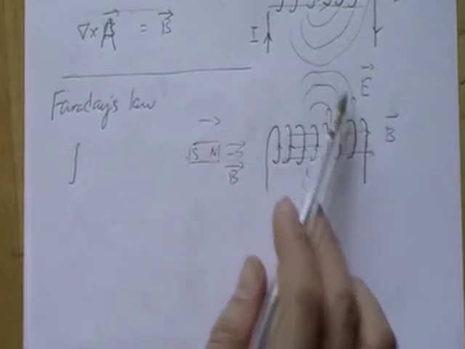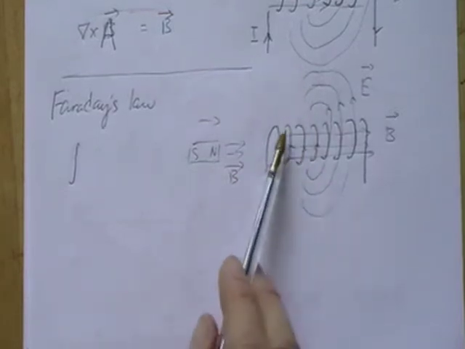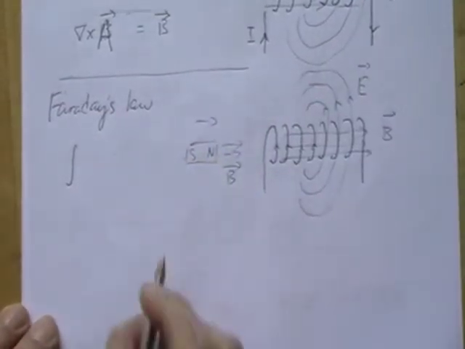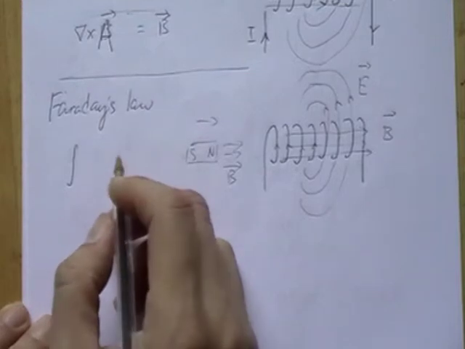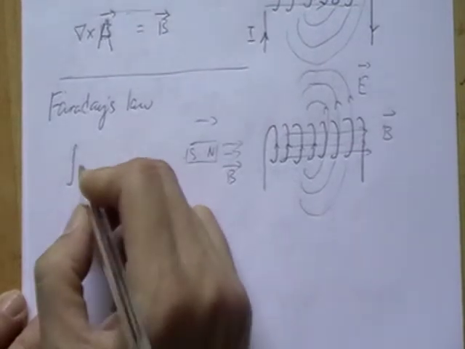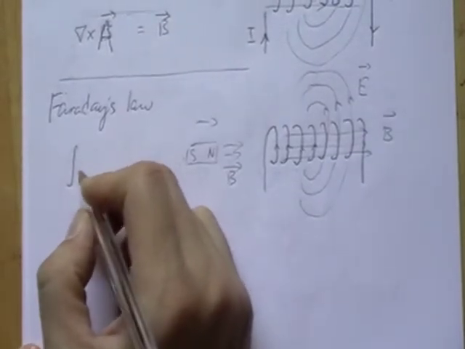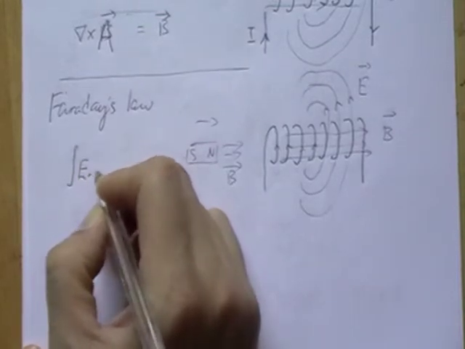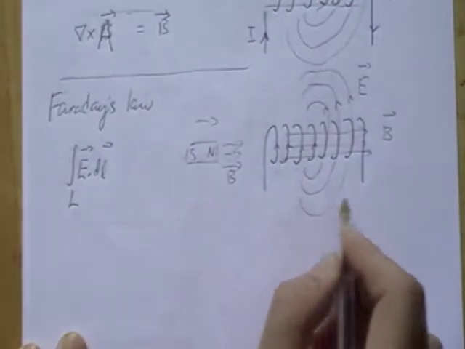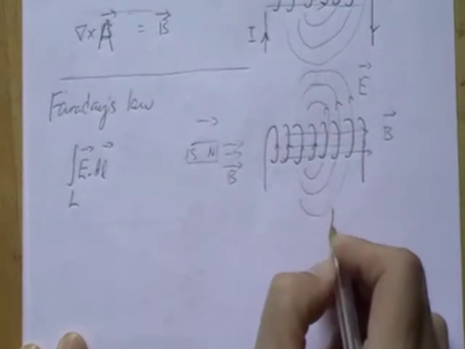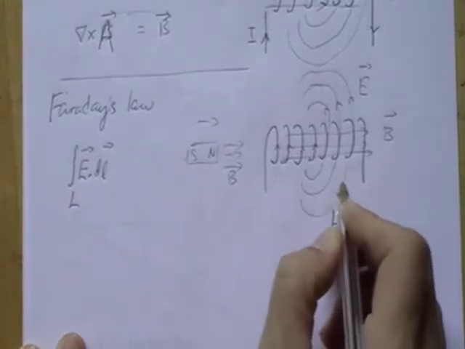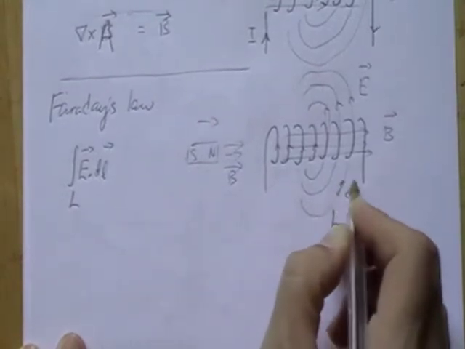And this extension of the idea of just having induced voltage within the coil is basically what leads to Maxwell's equation, which is given by the integral of E dot dl, where we think of a loop L, maybe that loop, and dl as a short section on the loop.